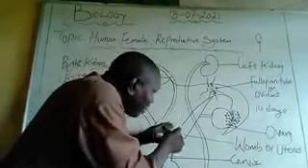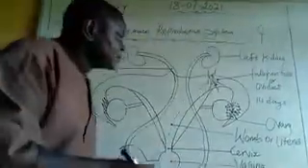It accommodates the fertilized egg. That is the function of the womb or uterus.